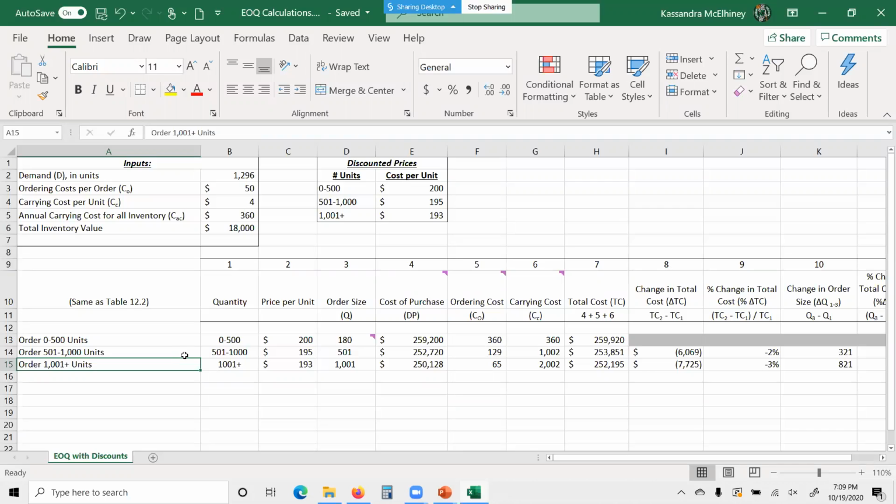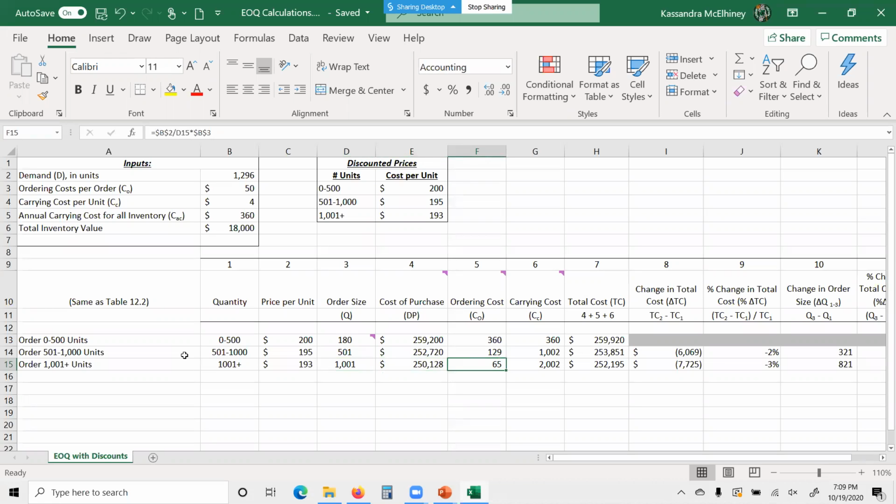So is it worth it? So we assume our order size as being the minimum quantity that it takes to get the goods for the discounted price, 1,001 units times $193 per unit gives us our cost of purchase.